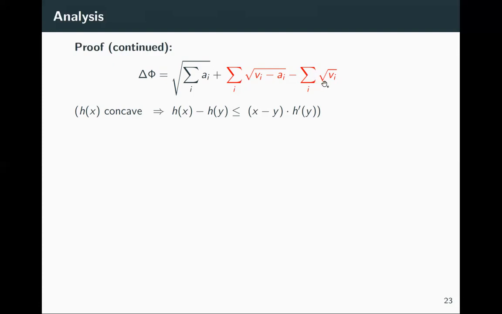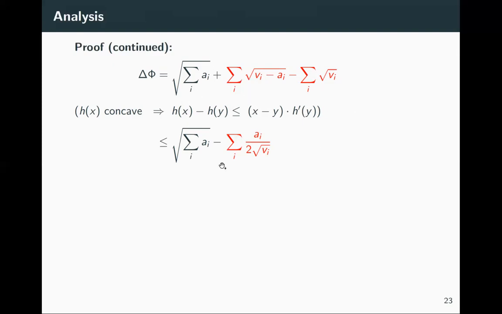The derivative of square root of vi is 1 over 2 square root of vi. And so we can bound these last two terms by minus ai over 2 square root of vi. And we're just doing this coordinate by coordinate and summing over i.